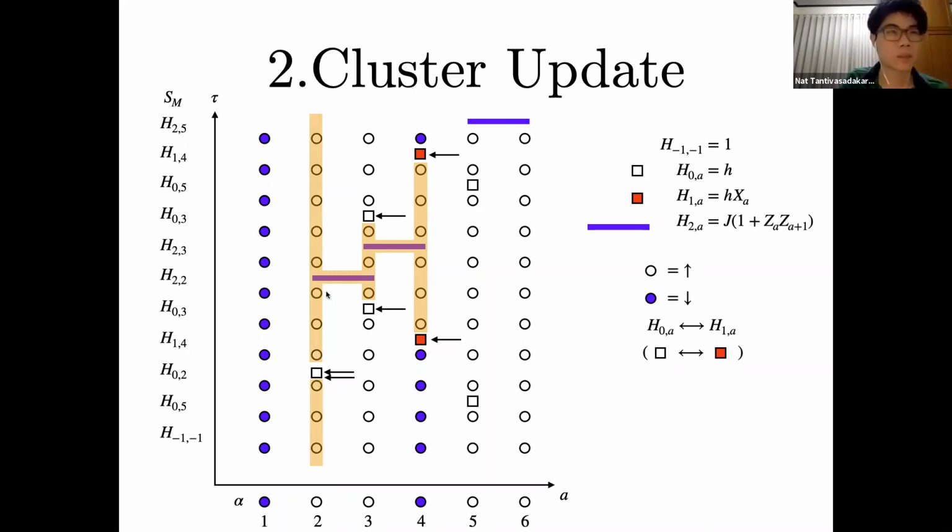So at the end of the day, you'll find that you are not flipping just one row, you're flipping an entire cluster of stuff. And that's why this is called a cluster update. So what you do is you identify this cluster, which is shaded orange here, and within the cluster I flip all the spins. And in addition, I toggle between H identity and HX at all sites here.